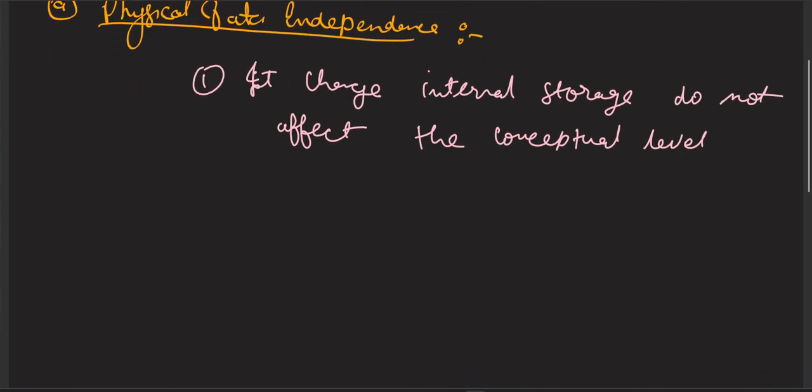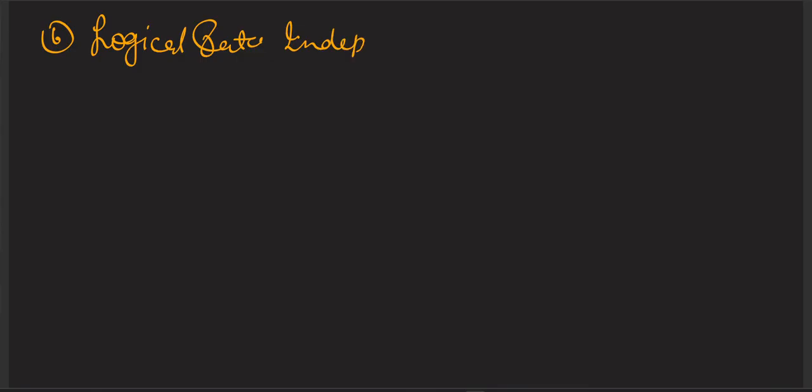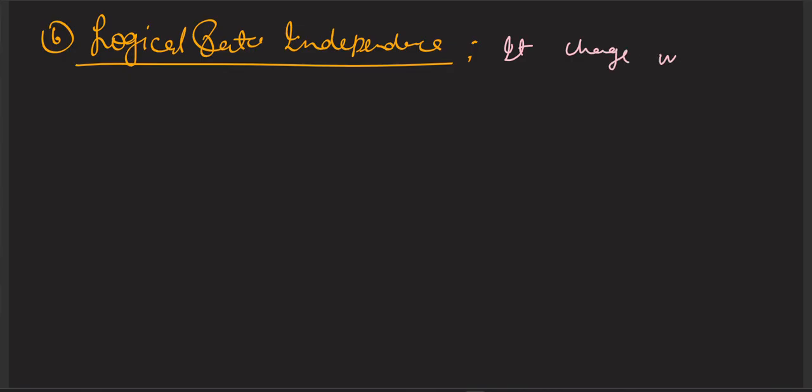Now the second one is logical data independence. It means a change in the conceptual schema does not affect the external view.